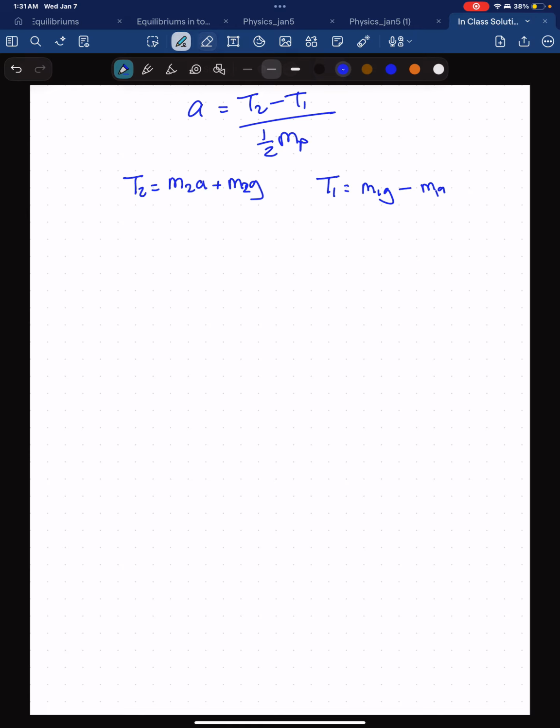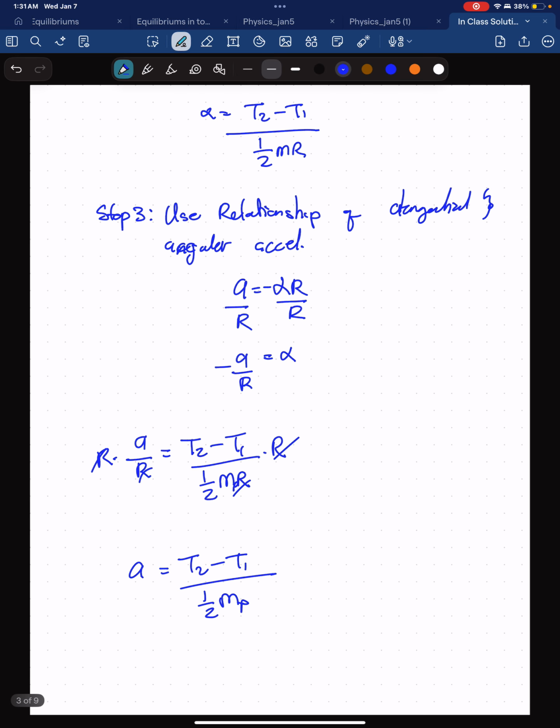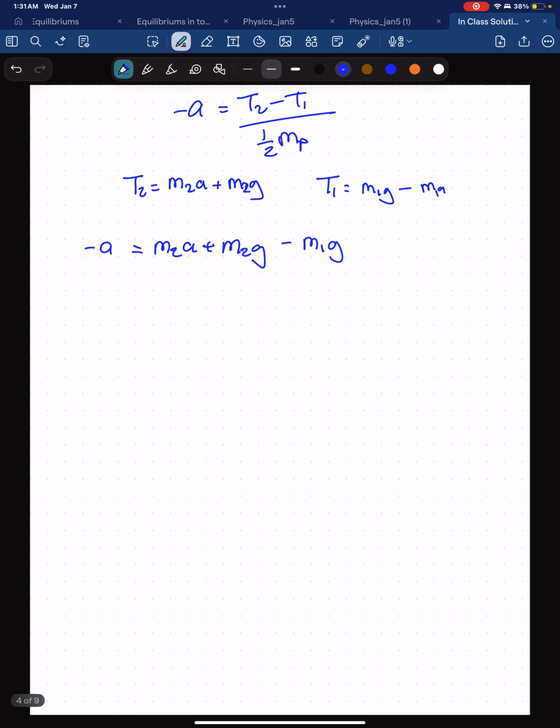So I'm going to say A is equal to M2A plus M2G, and then that's going to be minus M1G. On this, A is minus, right?